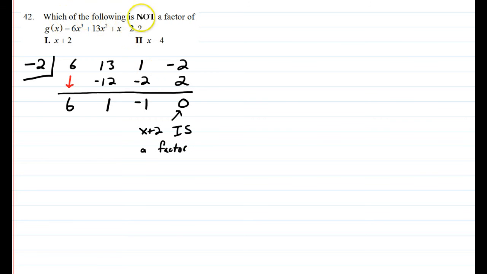So it says which of the following is not a factor. Well, we don't know yet, so we're actually going to figure it out. But the other way, instead of doing synthetic division, is you can actually take what makes this 0, 4, just like that first step there, and plug it in. And so you could go 6 times 4 cubed plus 13 times 4 squared plus 4 minus 2.